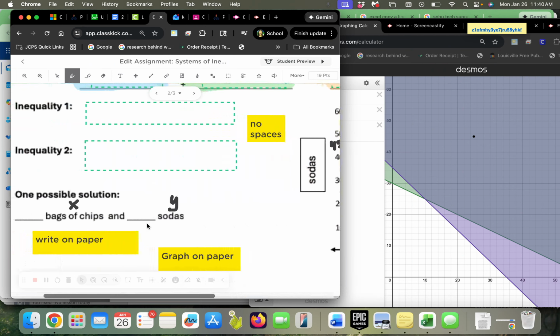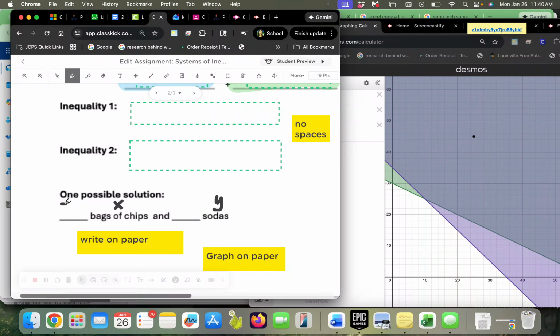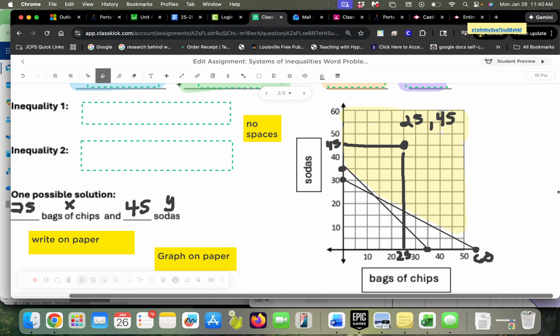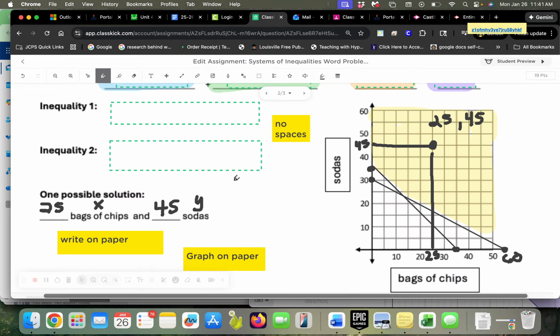So one possible solution is 25 bags of chips and 45 sodas, although you certainly could have come up with a different one. As long as it is up here in the shaded region, you are all good. And there you have it. There is problem number 2.